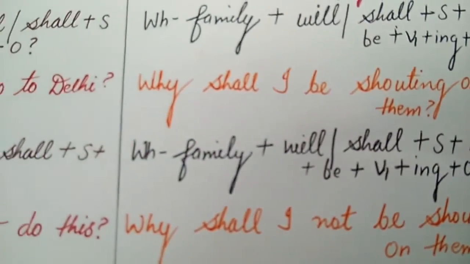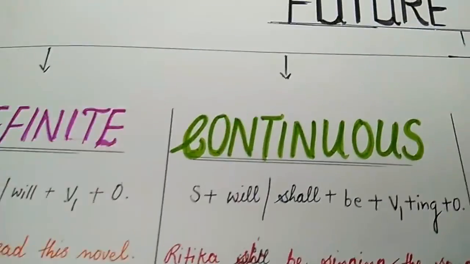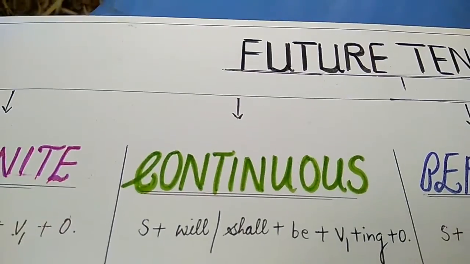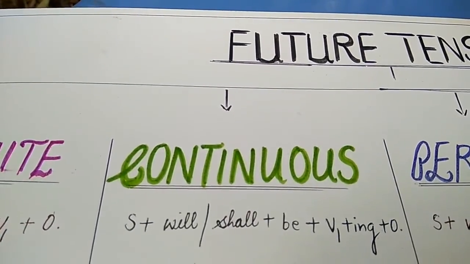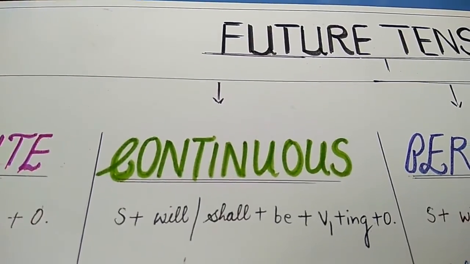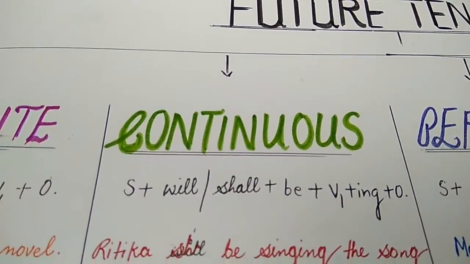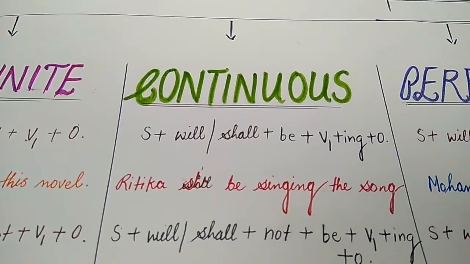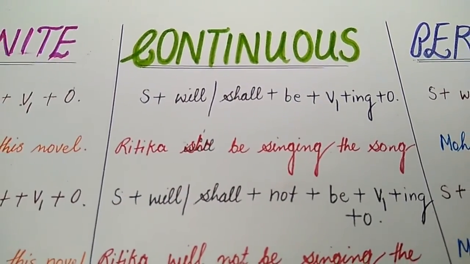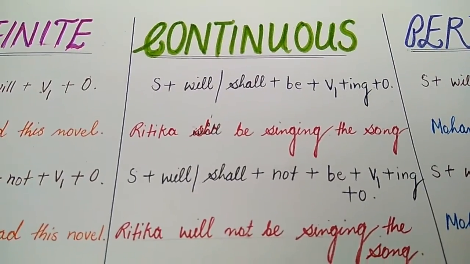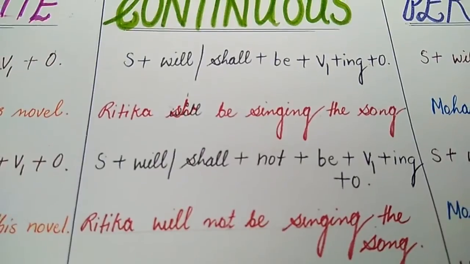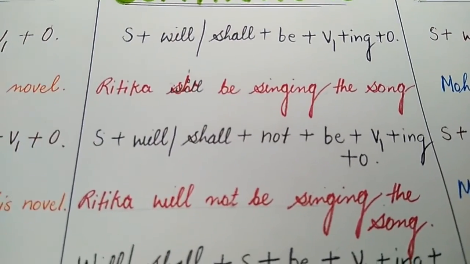So this is the way we could get to know the structure of future continuous tense. The base structure is subject plus will/shall plus be plus verb first plus ing plus object. And Puneet led us to the negative structure, that is subject plus will/shall plus not plus be plus verb first plus ing plus object.